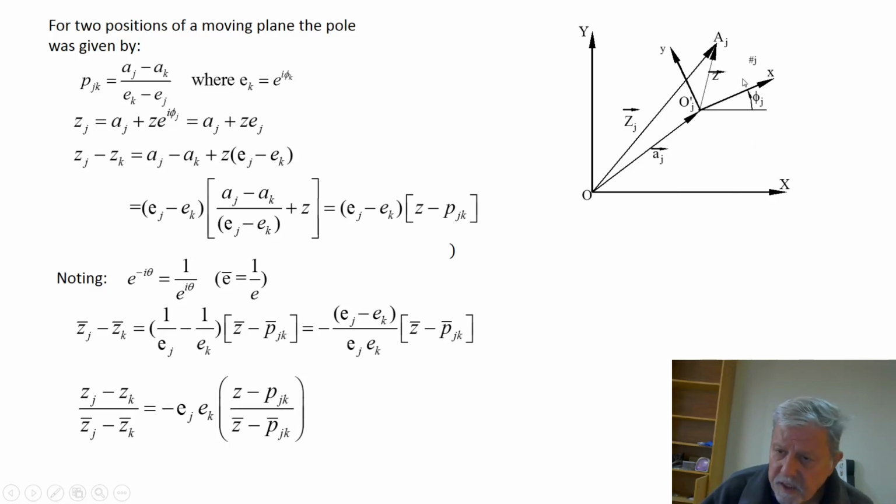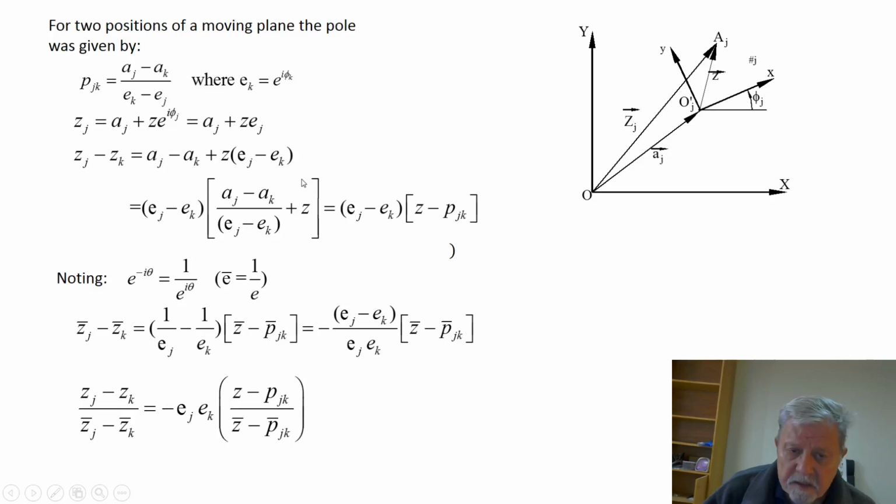Now Zj is equal to Aj plus Z e to the i phi j. This is Zj, Aj plus Z e to the i phi j, that you have seen before. Zj minus Zk is equal to Aj minus Ak plus Z times Ej minus Ek, Ej being e to the i phi j, Ek being e to the i phi k.